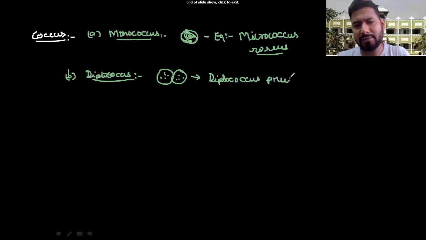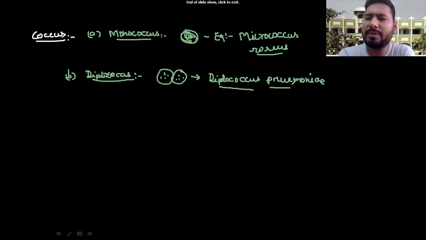This bacteria we have already studied. It was used in the Frederick Griffith experiment. They performed the transformation experiment in which they used this bacteria, Diplococcus pneumoniae. Another one, C, third, is the Streptococcus.